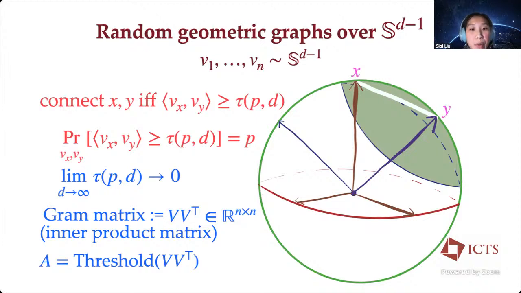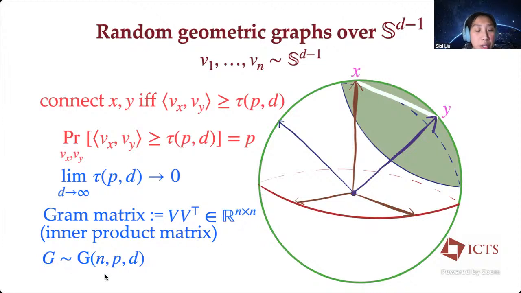So the XY entry of VV transpose is just the inner product of V_X and V_Y. And we know from the definition of this model that the adjacency matrix of the final graph that we obtain is simply applying a threshold function on VV transpose, where the threshold is given by tau. Okay, so this is the model.